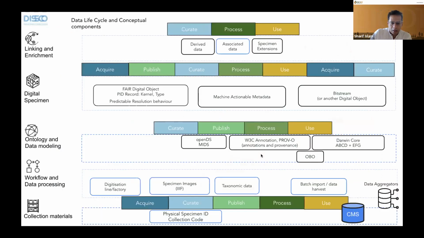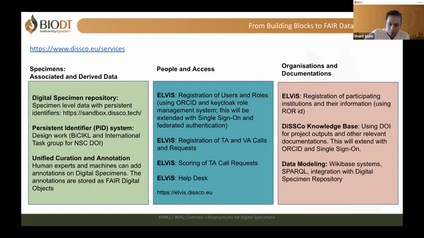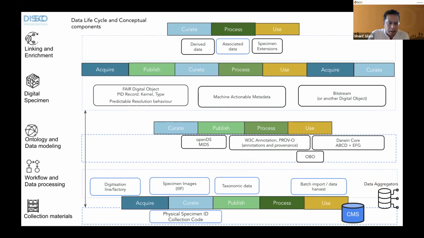To look at a little bit of the conceptual elements behind this, here is one way to think about it. All these colored boxes are coming from our data lifecycle and data management plan. Even though here you see it in a more layered fashion, you can think of it as a sort of circular thing. And again, the key is on the bottom, we have the physical realm, and then the digital, connected through a large variety of different workflows and data processing ontologies.